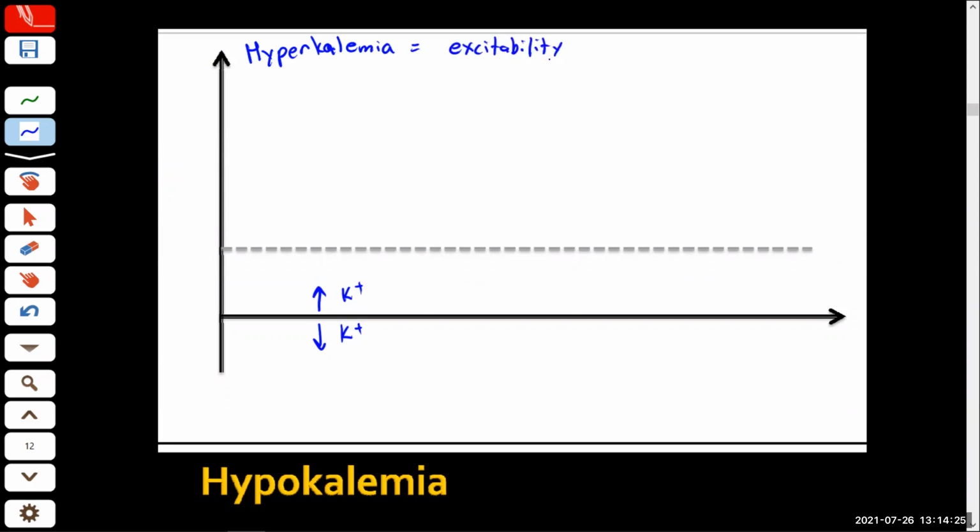Increase in excitability. And hypokalemia puts you further away, decreases your excitability. Again, what line are we changing? The resting potential. That's the property of the neuron.